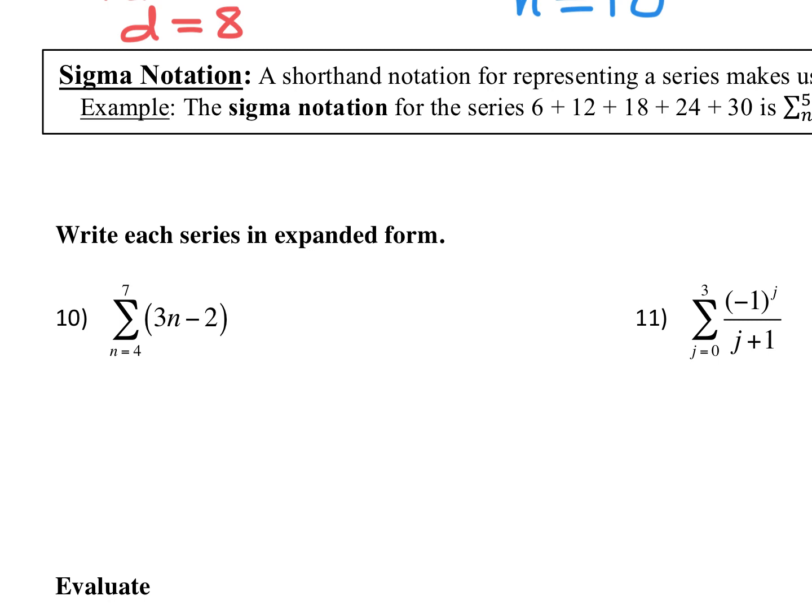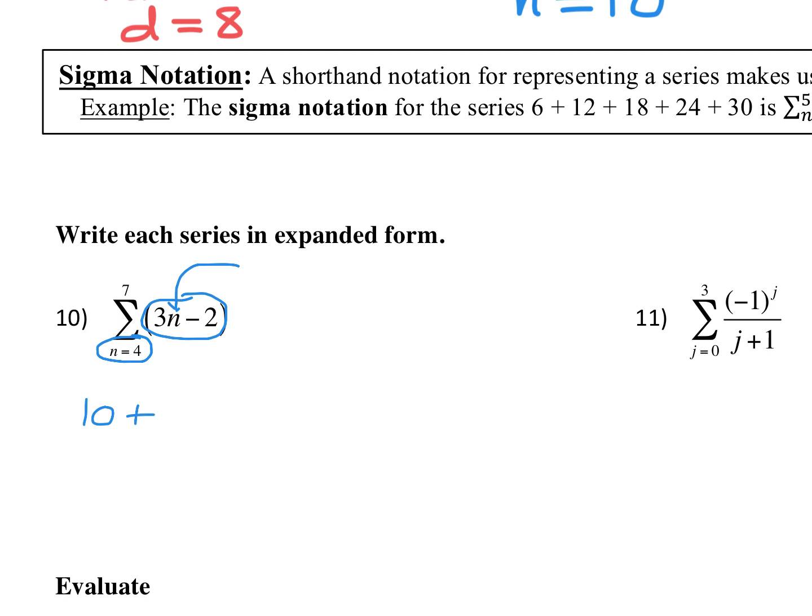All right, so what this means is we have this function, and we're going to plug in a few different values into n. So underneath the sigma, that tells you the first item to plug in to n. So if you plug in 4 right here, 3 times 4 is 12. 12 minus 2 is 10.